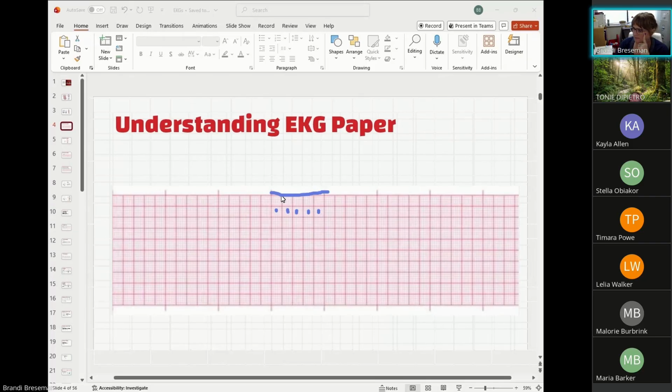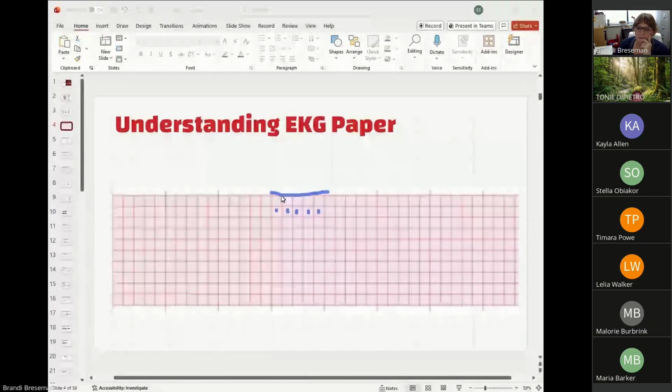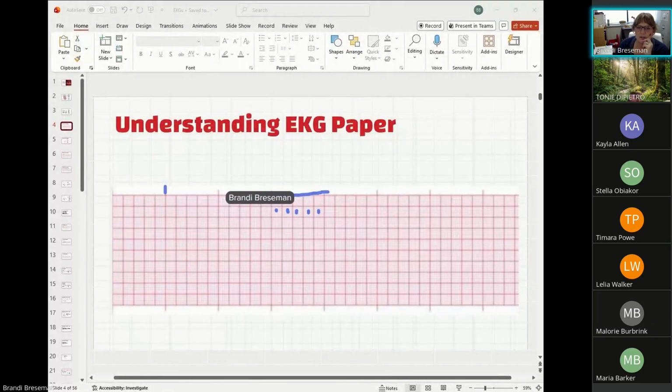Everybody with me? I'm a little bit confused because I thought the little boxes were 1 second each, and then the marks at the top were your 6-second intervals. No, the marks at the top are this: between here and here is 1 second, and between here and here is 1 second, and between here and here is 1 second, and between here and here is 1 second.